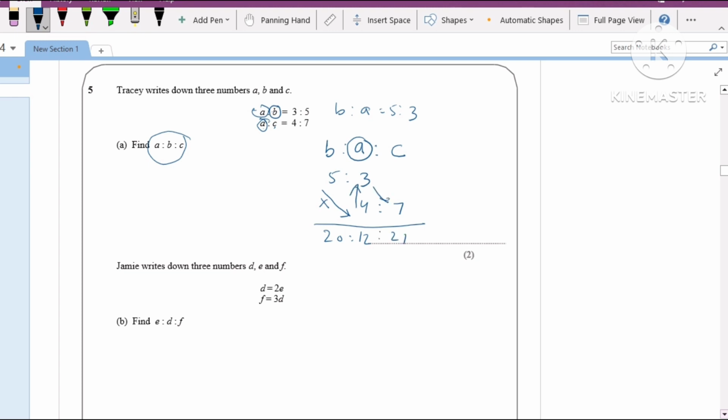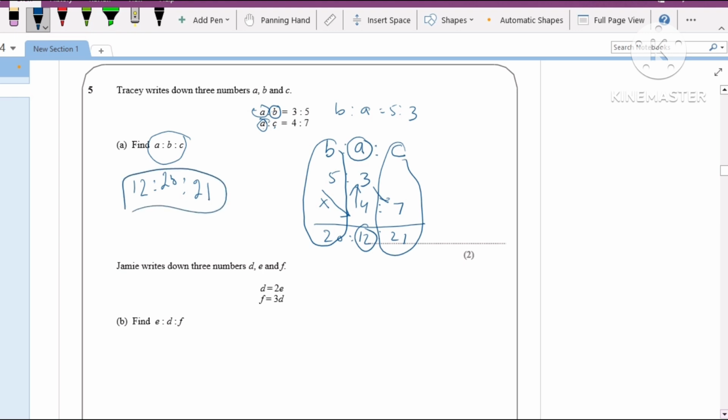So b is 20, a is 12, and c is 21. There is no number which is common in these three, no common divisor, so I will leave the question here.